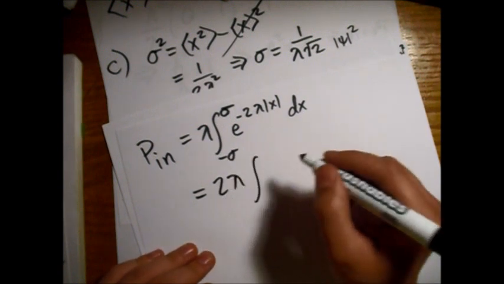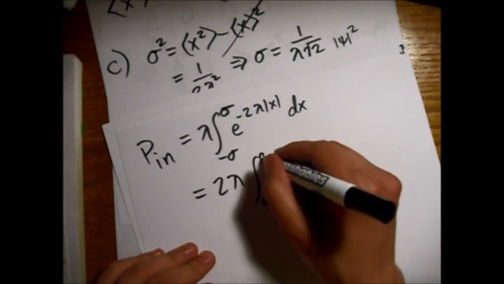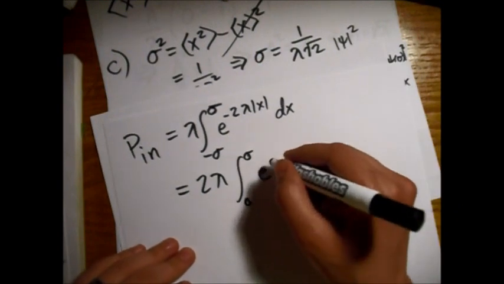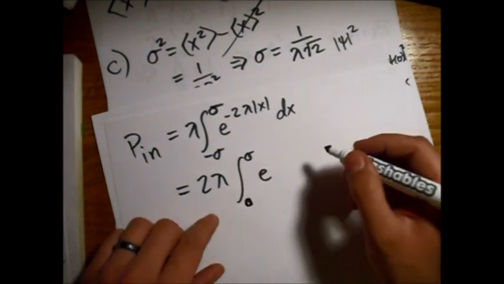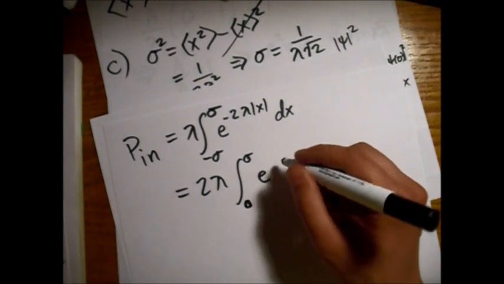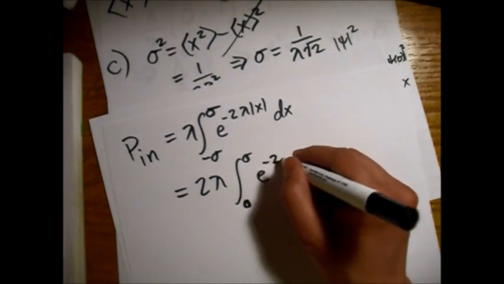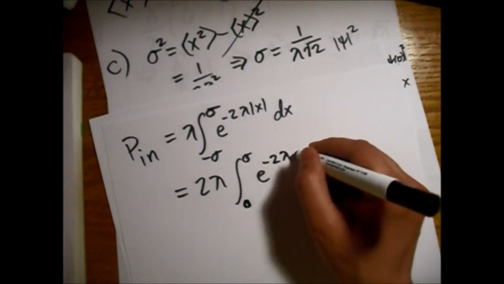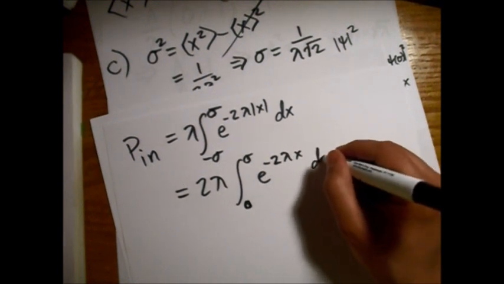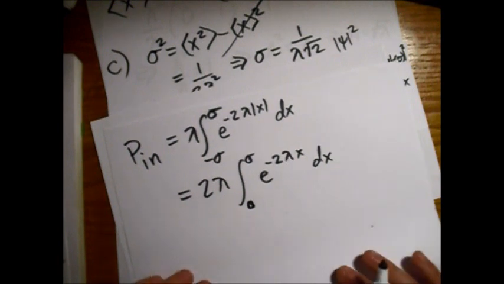I just don't like those absolute value signs, so we'll just multiply it by 2, take only the positive half of everything, and we'll just use this to get rid of that absolute value sign. Alright, just like so.